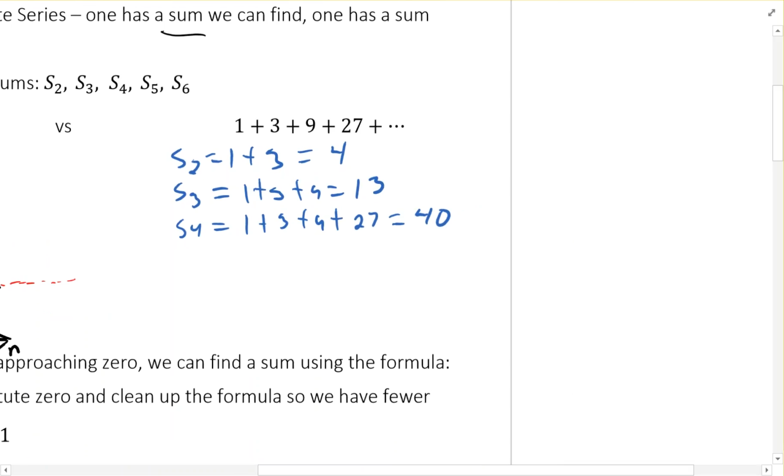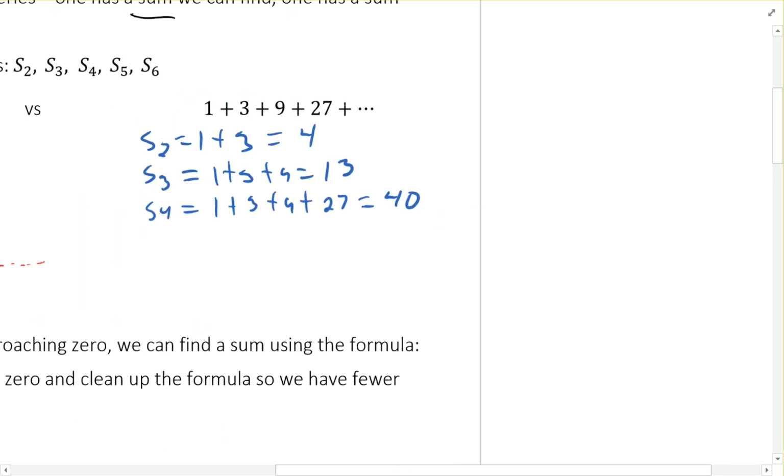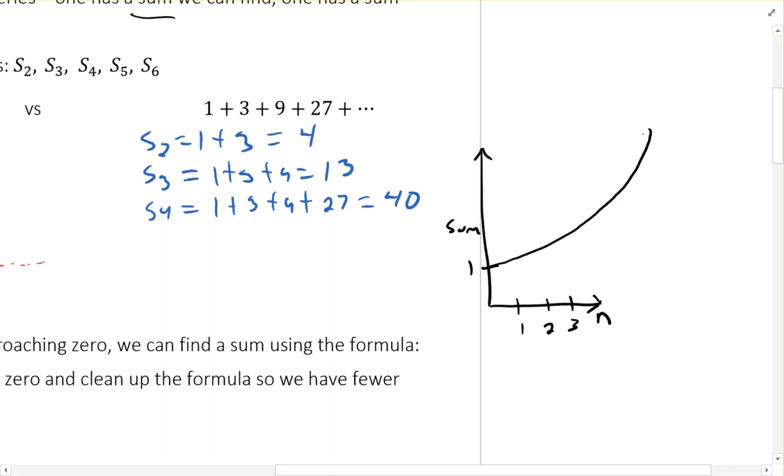Now you can start to see what this graph would look like if you were going to graph this thing with n on the x-axis and the sum going up on the y-axis. If this was n equals 1, n equals 2, n equals 3, this thing doesn't go towards some kind of line. It would start at 1 and end up going like this, and goes on up forever.